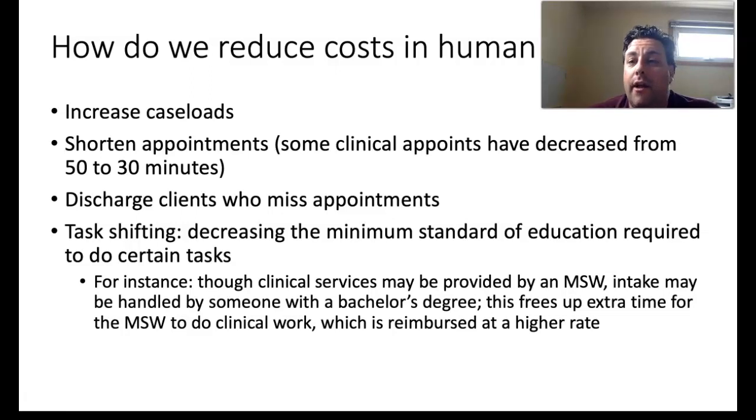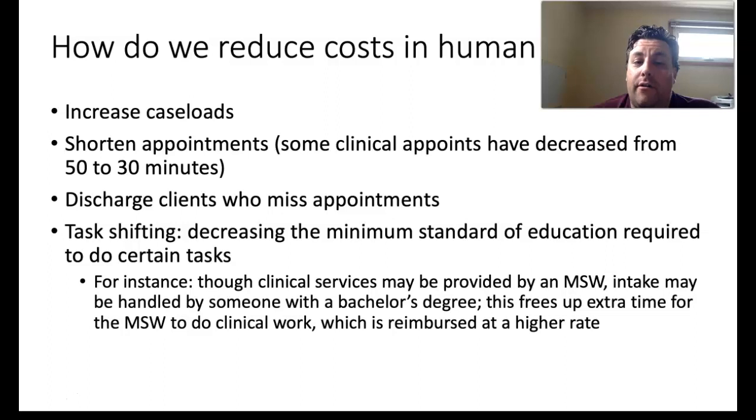We discharge clients who miss appointments, because when a client doesn't show up, the organization still has to pay that social worker. They still have to pay to keep the lights on, to put the heat or the air conditioning on. But we discharge clients when they don't show up, so that we keep staff busy. We don't have anyone sitting idle.